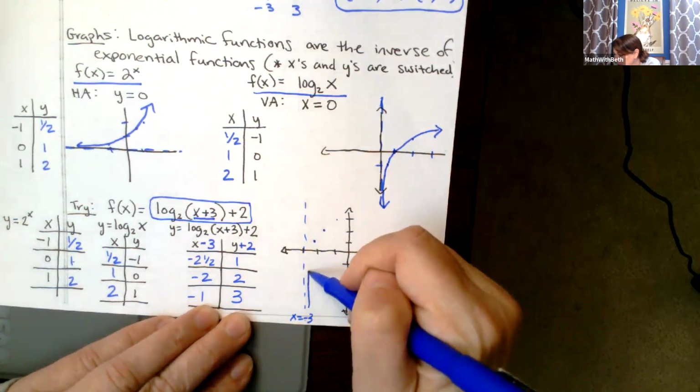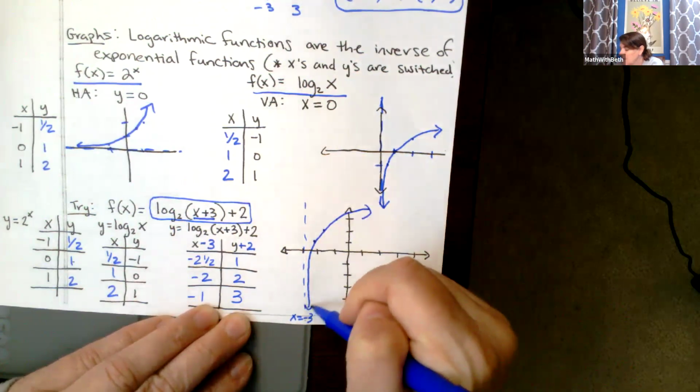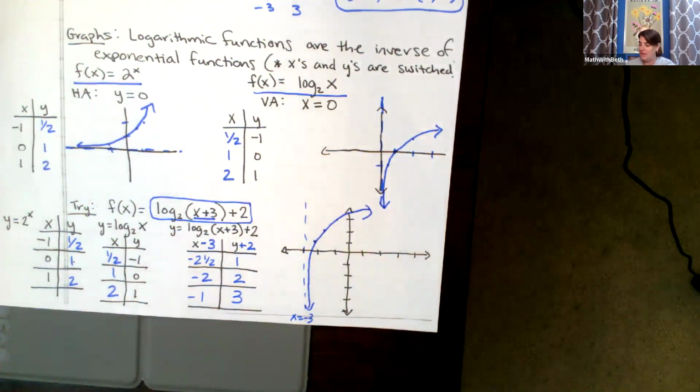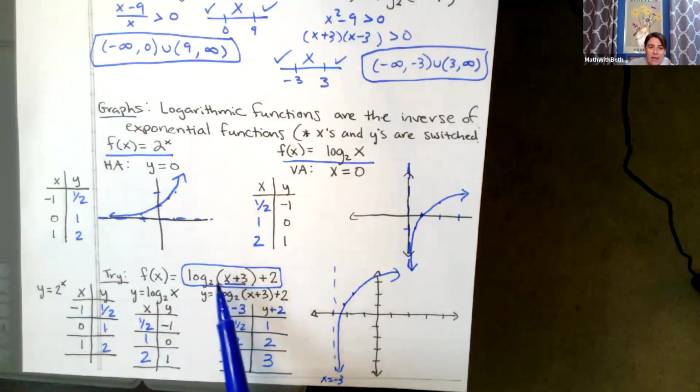So starting at the asymptote, it would be something like this. So remember, anything that happens inside the function affects the x, and we do it the opposite way. Anything outside the function will affect the y, but we keep it the same.